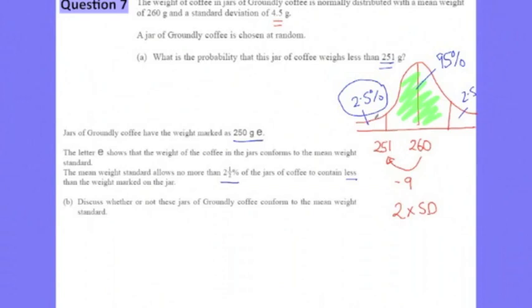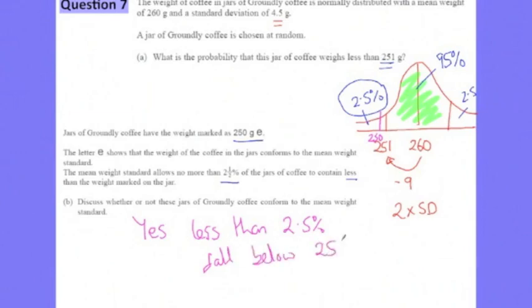So we're looking here, 250 is here, further down this side. So it's even less than 2.5%. So yes, these jars do conform. Why? Because not even 2.5%, but less than 2.5% fall below 250 grams.